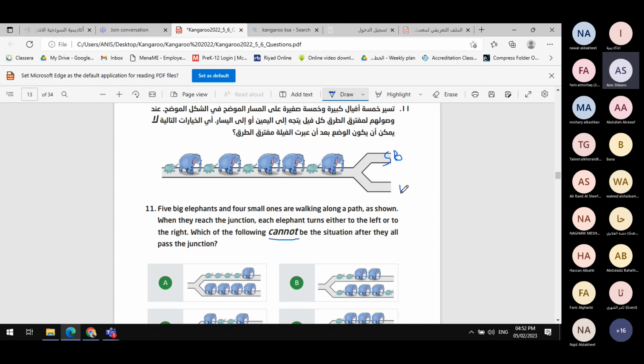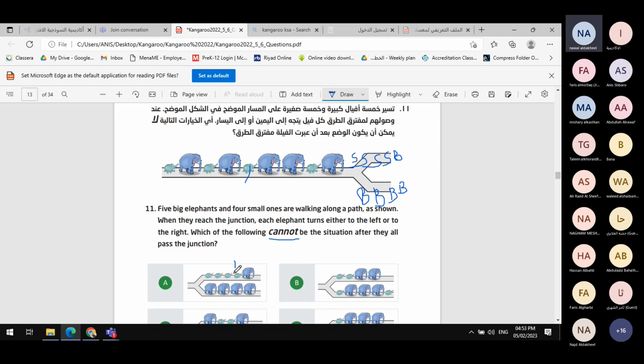Big and big, so two big elephants down. One small elephant will go up, one big elephant will go down, one small elephant will go up, one big elephant will go down, and one small elephant will finally go up. So clearly, A can be the situation.